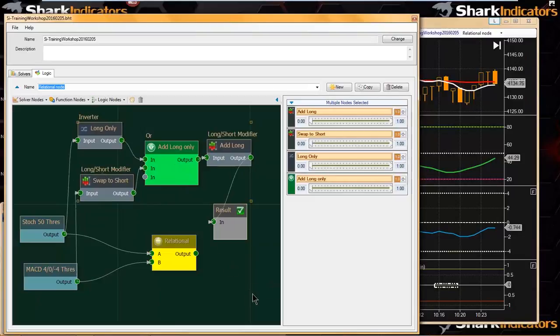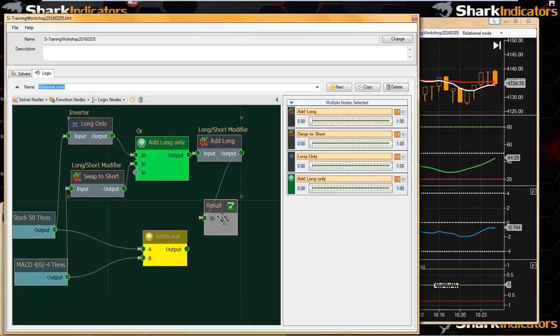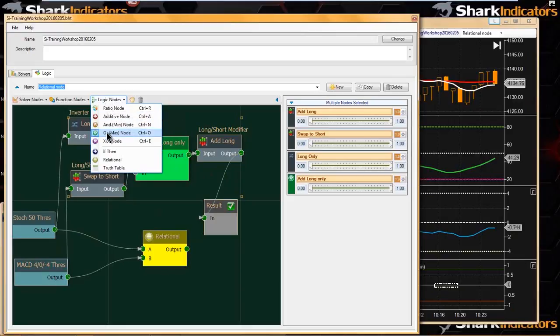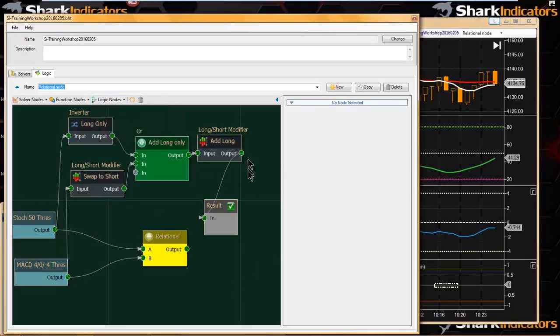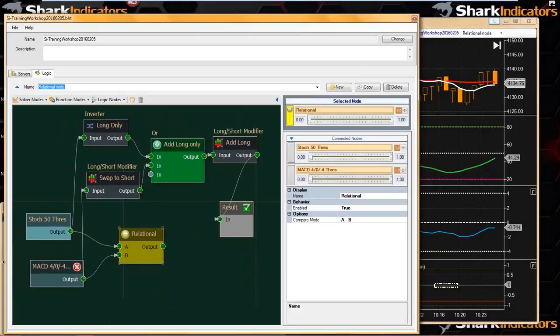So there you go. And then, if you have a separate group for the long side and a separate group for the short side, once again you'll use another OR node to combine it back together. So that way you get just one output. Okay, let's see if there's any other questions on here. We're getting very technical today.